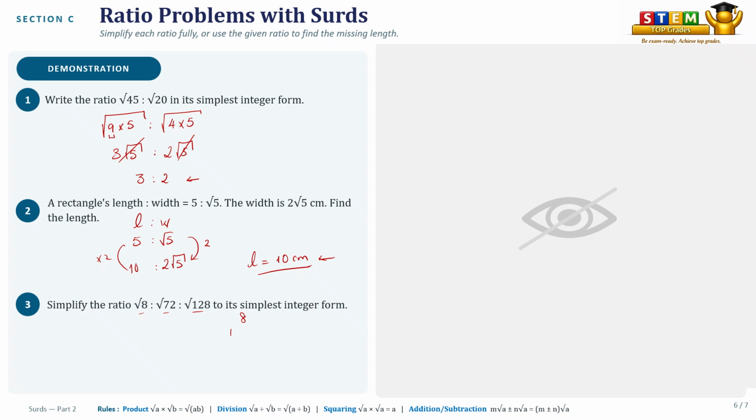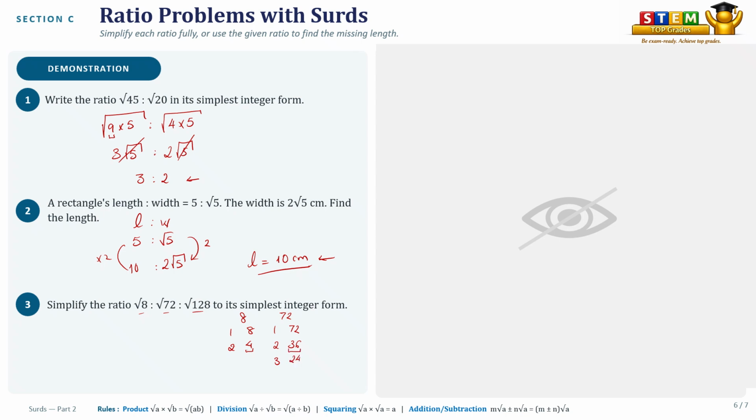8 is 1 times 8, 2 times 4. Here's a big square number. Hopefully we're going to get the same number for all the others. Let's see. So 72, that's 2 times 36.